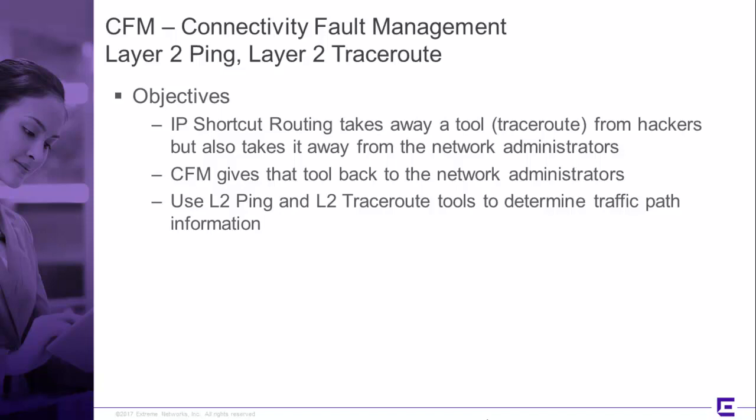So we take away a lot of visibility because it's all based on Ethernet switch paths, BVIDs, and VMAX. While we take away the tools from the hackers, we also have to realize that we take it away from network administrators as well.